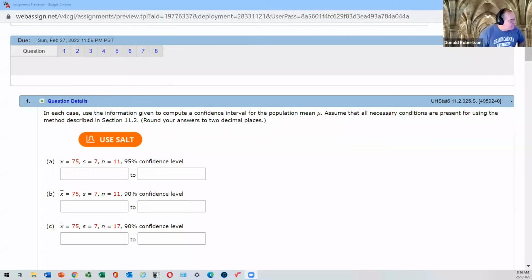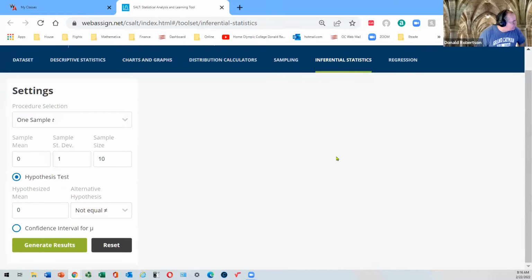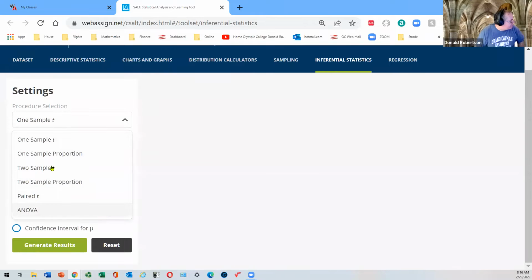Take you through an example using salt. Here we go. You're told the mean, standard deviation, and the sample size, and your job is to create a 95% confidence interval. So I'll just hit use salt. And we go into salt here, and we have lots of choices.